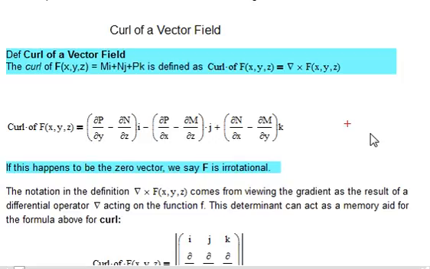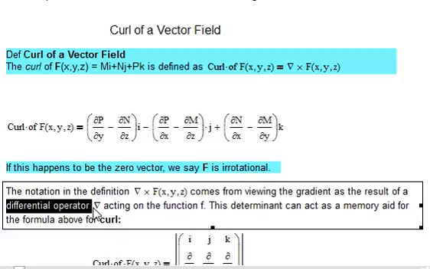And it kind of means what it sounds like. That means this vector field is not rotating in any way, shape, or form. This notation and definition comes from viewing the curl as the result of a differential operator del acting on the function F.